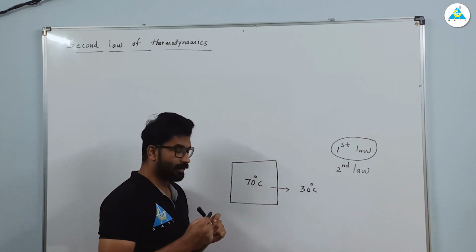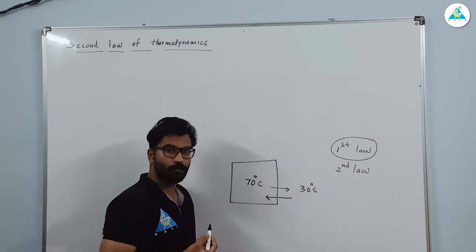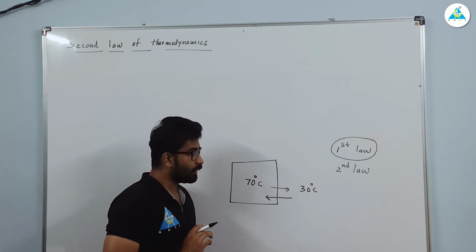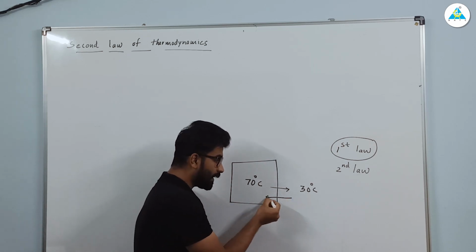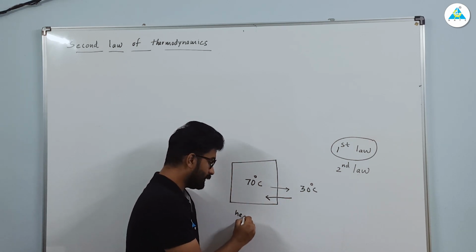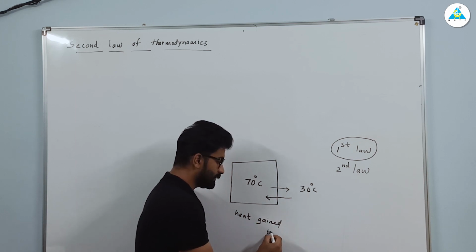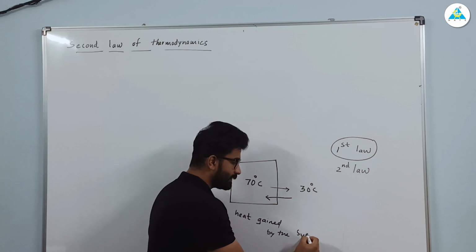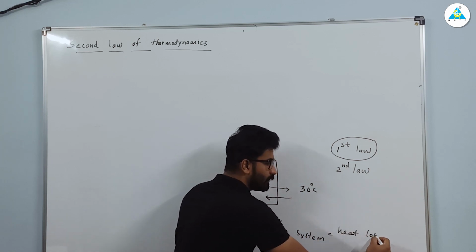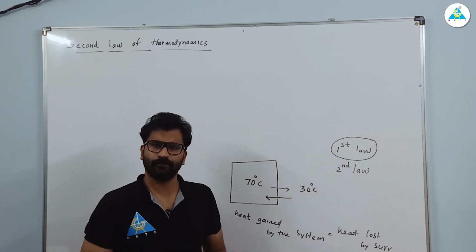Now if I say there is a heat transfer in the opposite direction, imagine like this. If you have a heat transfer process in the opposite direction and I am saying heat gained by the system is equal to heat lost by the surrounding, is it correct?